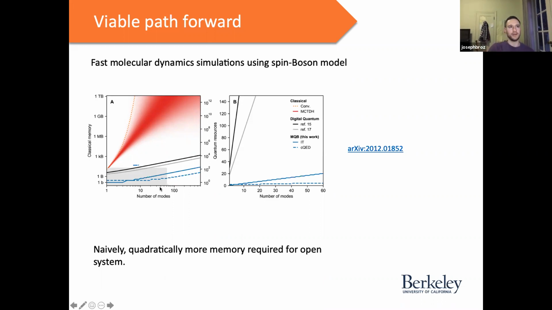This is 30 modes right here, and the red is the best classical algorithm you can think of. At 30 modes, you're already approaching over a terabyte. So the question is, if I did this with an open system, with this damping, does that mean it scales quadratically? Is that 1 terabyte squared? Is that how much memory I need?